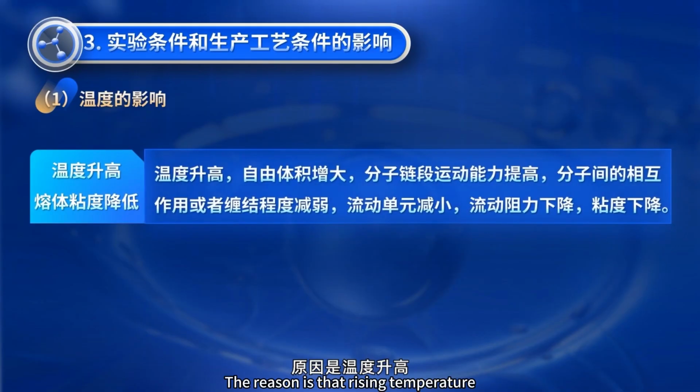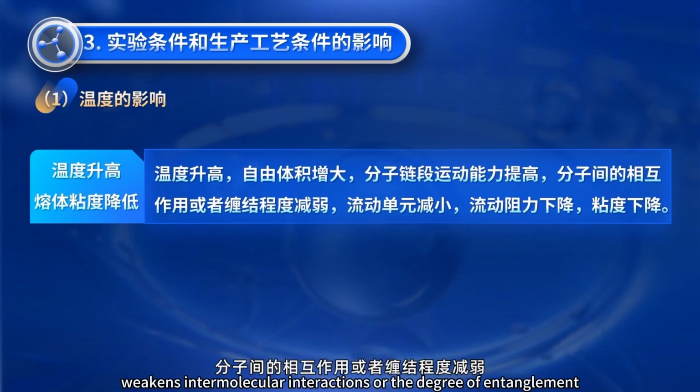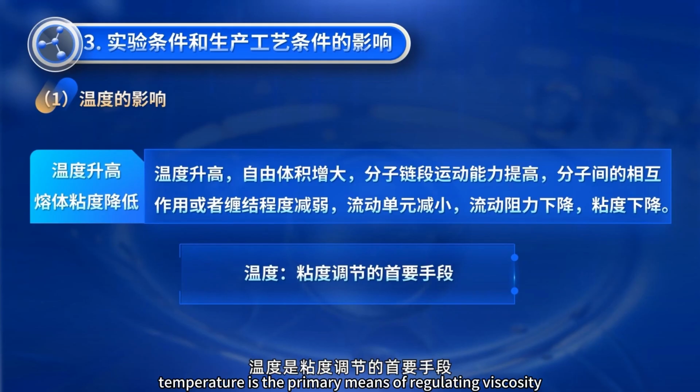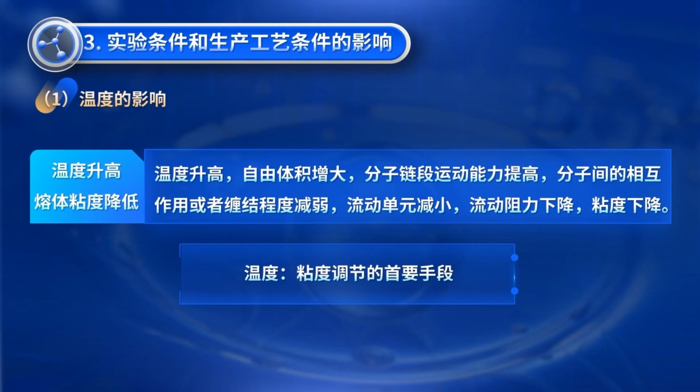The reason is that rising temperature increases free volume, enhances molecular chain mobility, weakens intermolecular interactions or the degree of entanglement, reduces the flow unit size, decreases flow resistance, and thus lowers viscosity. In polymer processing, temperature is the primary means of regulating viscosity.